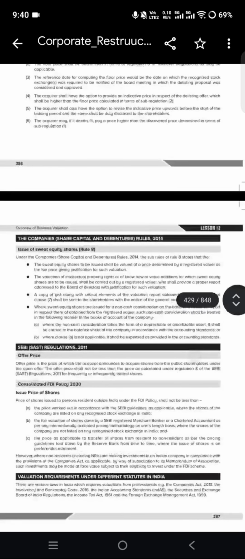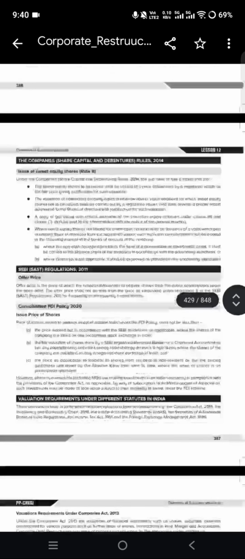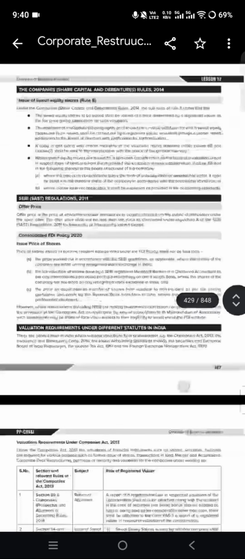For HNIs and other shareholders, whatever the company is charging them, the maximum gap for RII should be 10% only, not more than that.